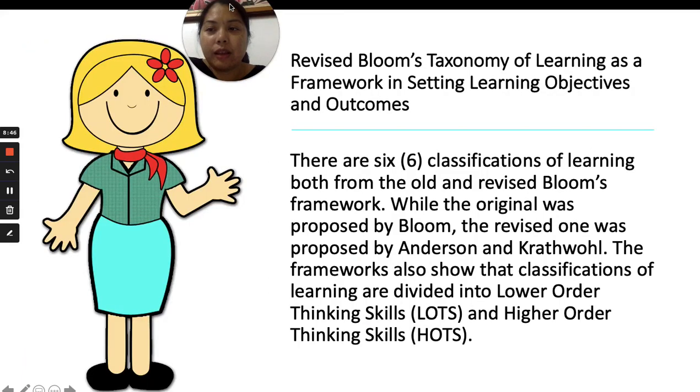There are actually 6 classifications of learning, both from the old and revised Bloom's taxonomy or Bloom's framework. While the original was proposed by Bloom, the revised one was proposed by Anderson and Krathwohl. The frameworks also show that classifications of learning are divided into lower order thinking skills and higher order thinking skills.